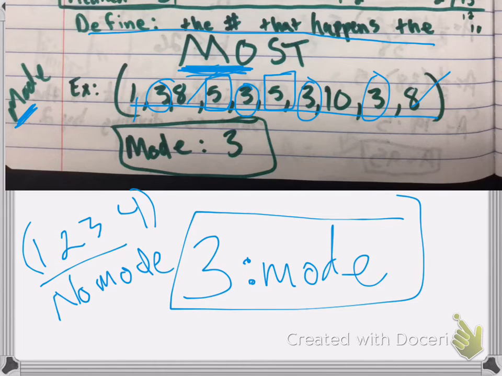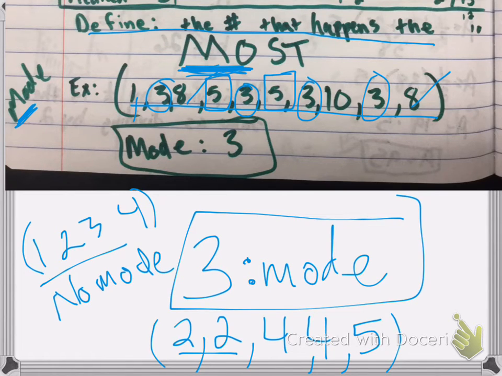Say you had 2, 2, 4, 4, 5, and that was your set of data. Well, 2 happens twice, and 4 happens twice. So my mode here would be 2 and 4, because you have 2 numbers that happen the same number of times.